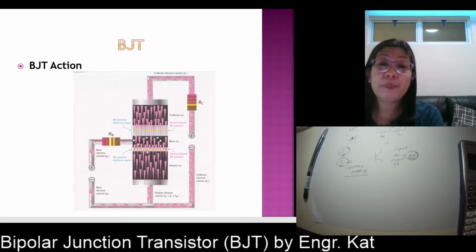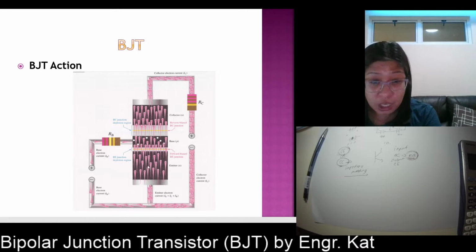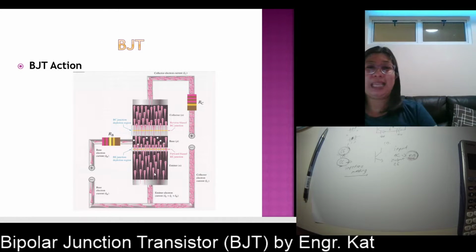You see, the electrons pass through your base, and those same electrons, which are the minority carriers in the P-type, are the ones which pass through to the collector. That's why we reverse bias the base to the collector. Okay, I'll repeat.